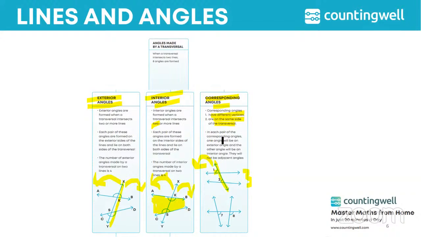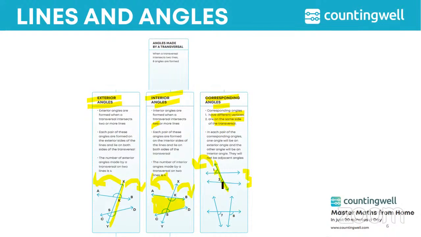Also, in each pair of the corresponding angles, one angle will be exterior and the other angle will be an interior angle, and there will not be adjacent angles. You can see angles 1 and angle 2. Among these two angles, angle 1 is on the exterior side of the line. So it is exterior angle.